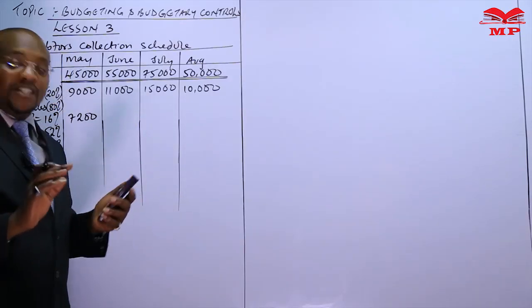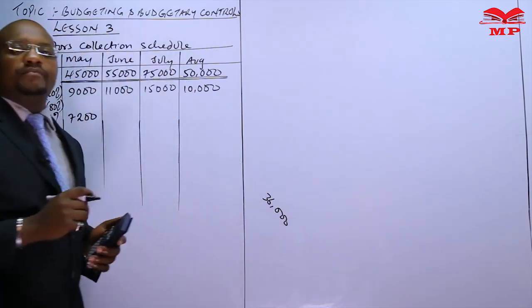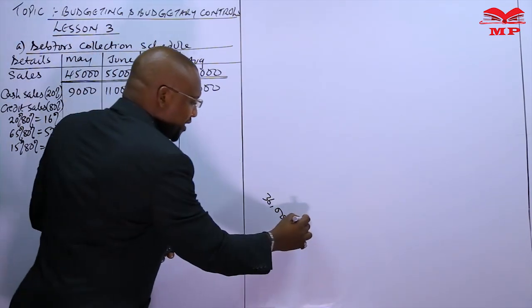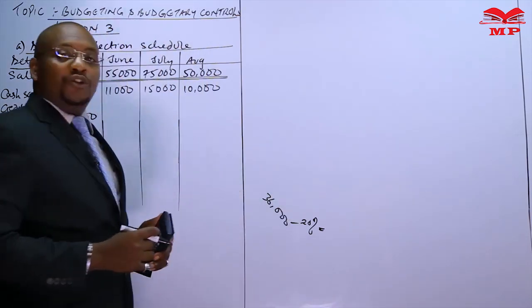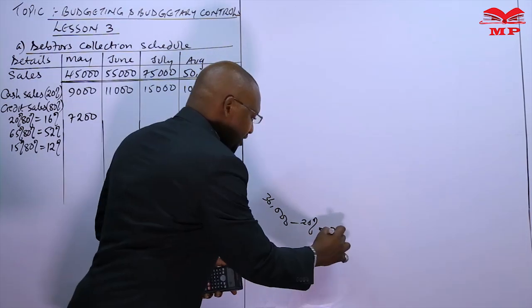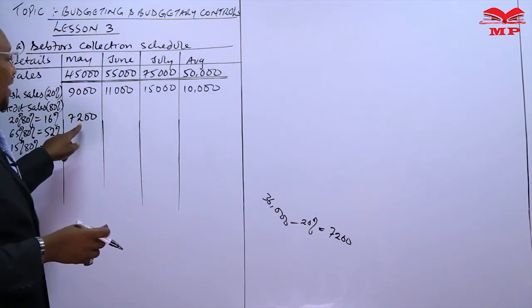That's the first bit. You get 36,000. That is the credit sales. Then you're told 20% of this, for sure, will be 7,200. And this is what is going to be paid the same month. And that's what I'm getting here.